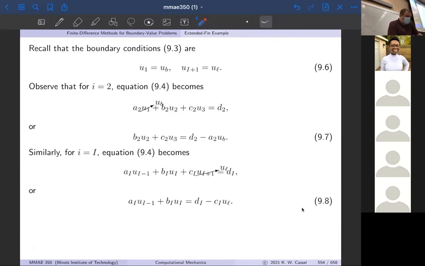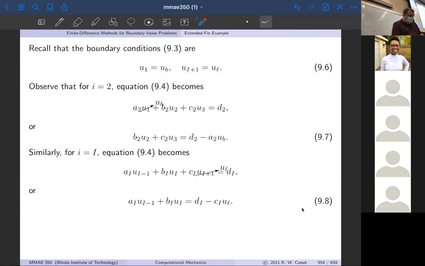Well, I know that u_1 is u_B. u_1, i equal to 1, is the left boundary. That's the base of the fin. Likewise, at the tip, that's x_{I+1}, capital I plus 1. That is known, that's u_L. So from the boundary conditions, I know u_1, and I know u_{I+1}.